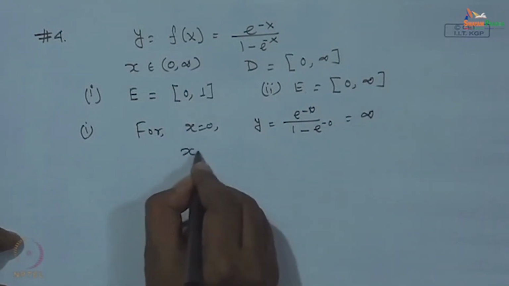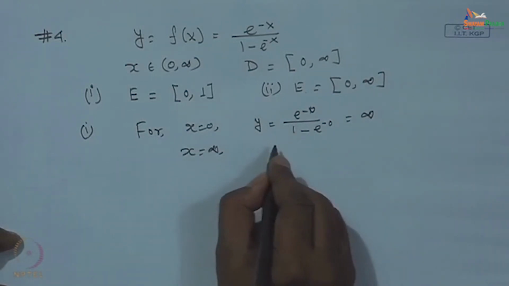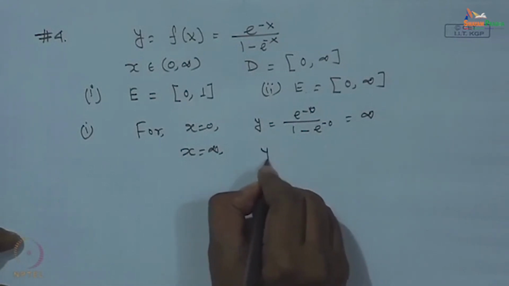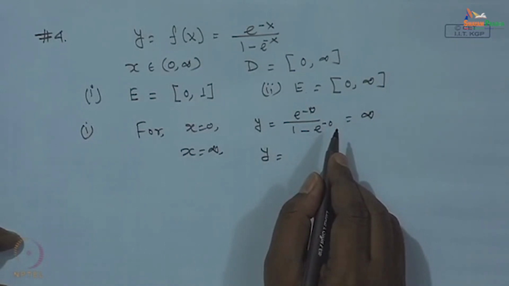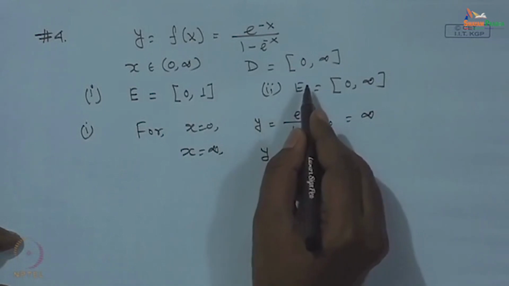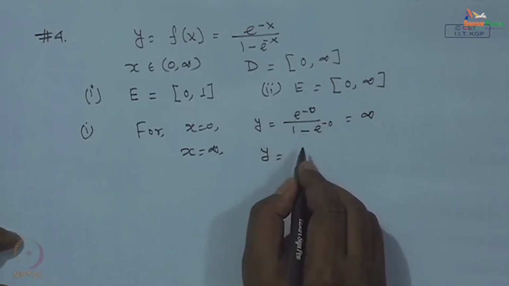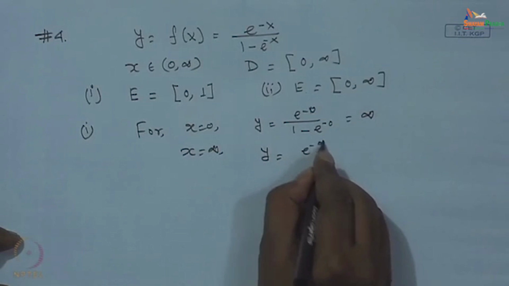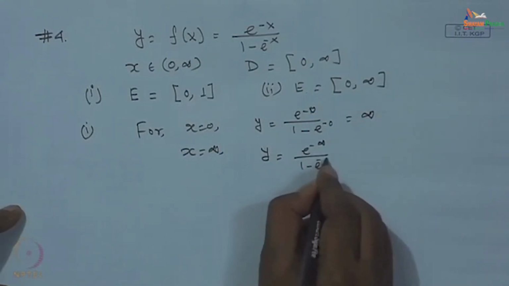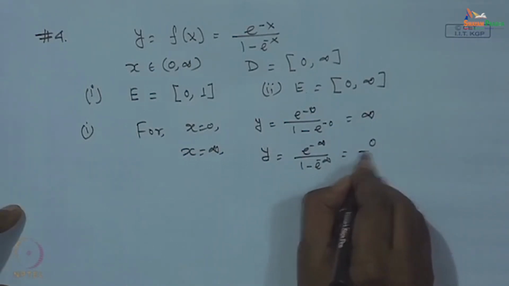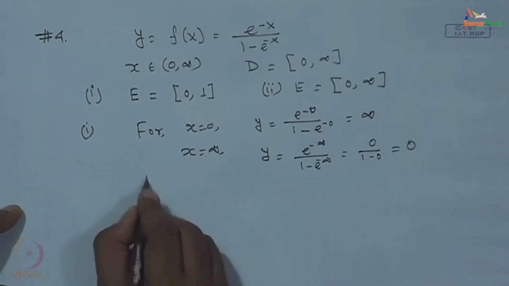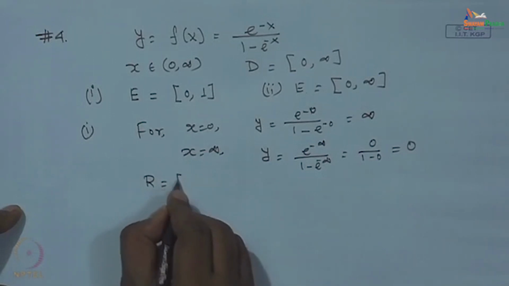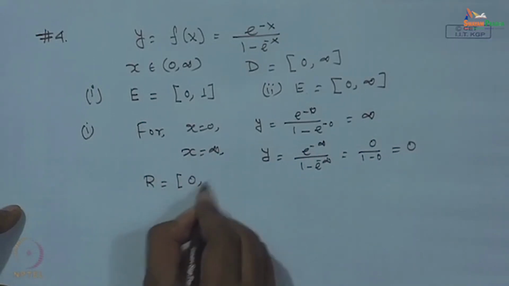In another case, when x is equal to infinity, y is e to the power minus infinity divided by 1 minus e to the power minus infinity. So, this will be 0 divided by 1 minus 0, so this will be 0. So, the range R is also from 0 to infinity.